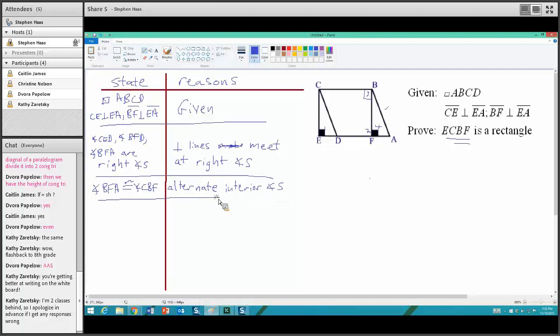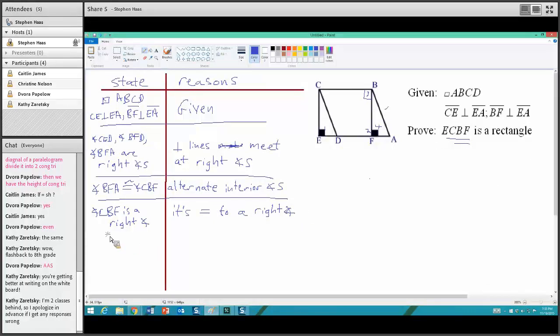Based on that, now we know that angle CBF is a right angle because it's equal to a right angle. If it's equal to a right angle, obviously it itself has to be a right angle.